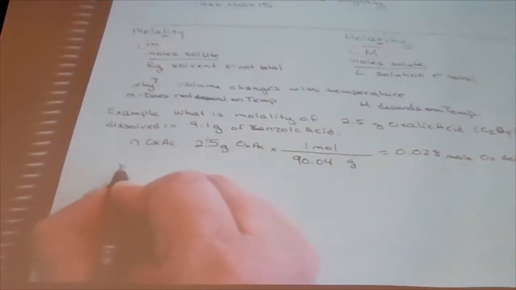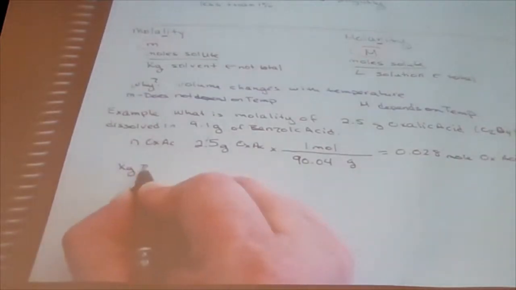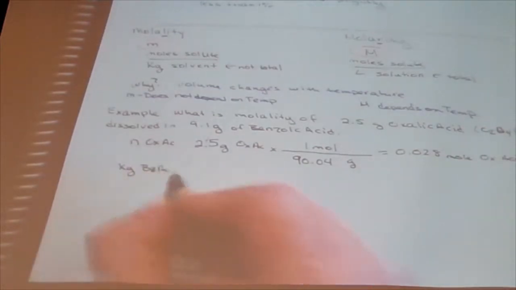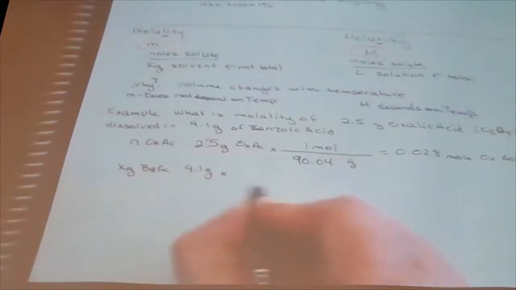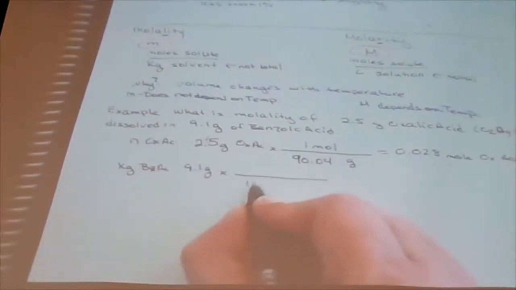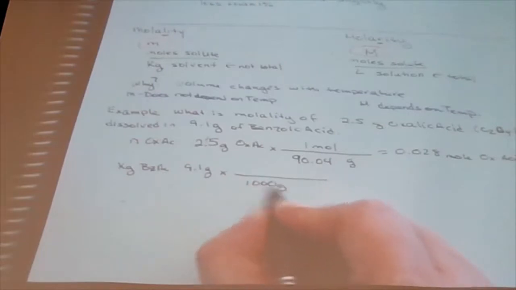And then I need kilograms of my solvent. This one's a little bit easier. Again, 9.1 grams. Kilo means 1,000, so I have 1,000 grams in 1 kilogram.